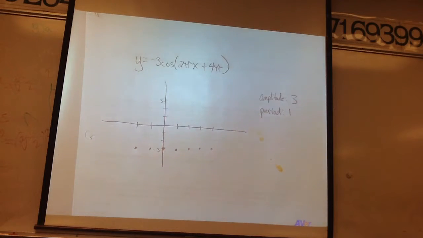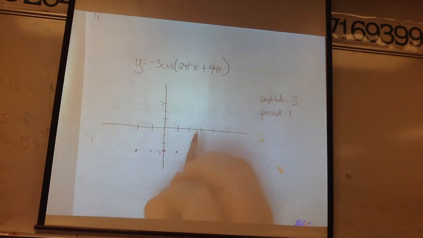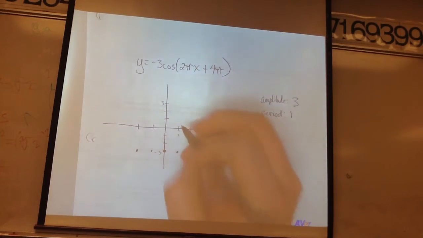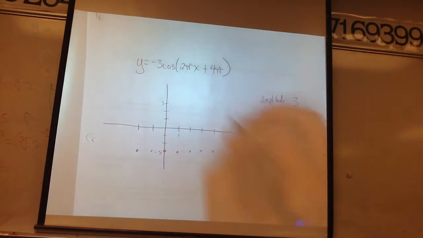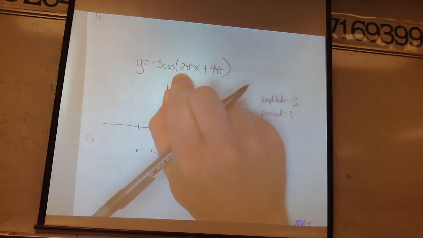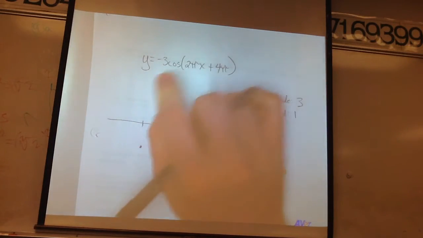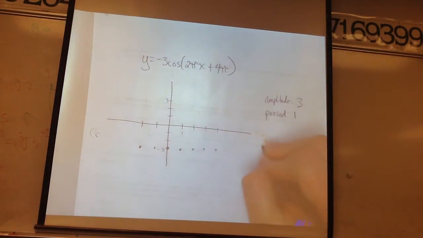Which do you think we should plug in next? Pi over 2? Pi over 2 is 3.14 divided by 2, like 1.57. 1 half. Yeah, let's plug in 1/2. Remember, we went by ones. So let's plug in 1/2 for x. 1/2 times 2 pi is pi. Pi plus 4 pi is 5 pi. The cosine of 5 pi.